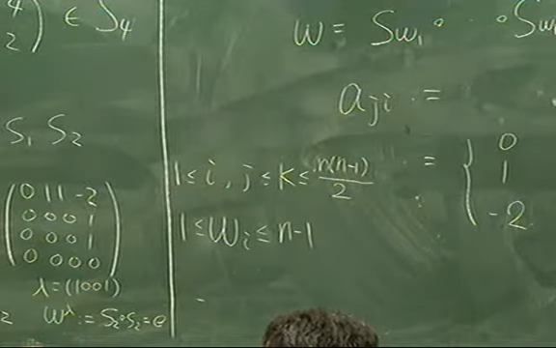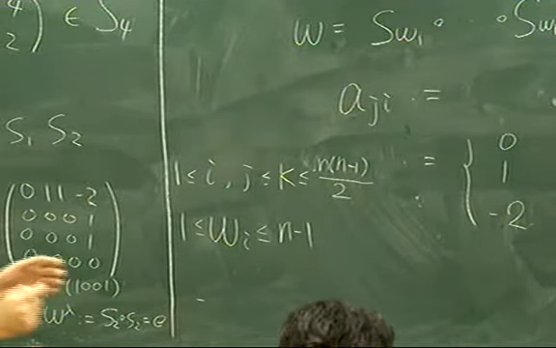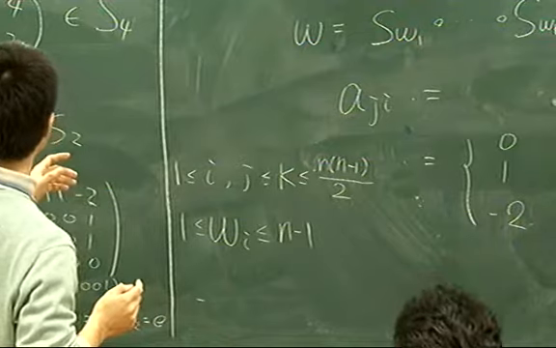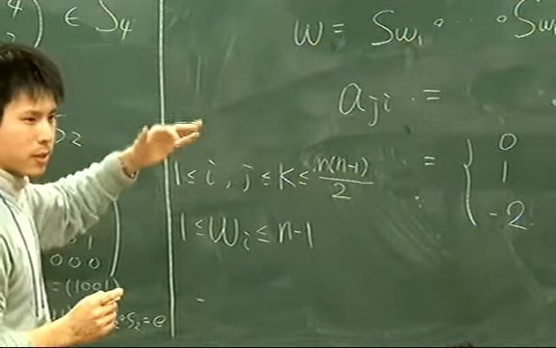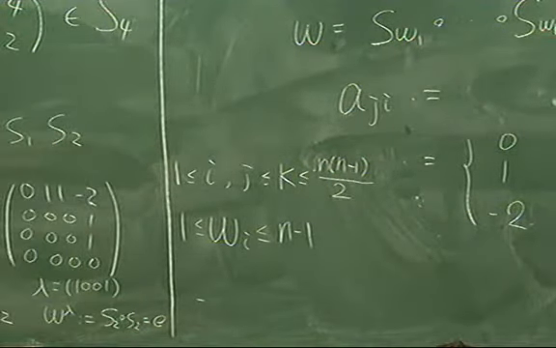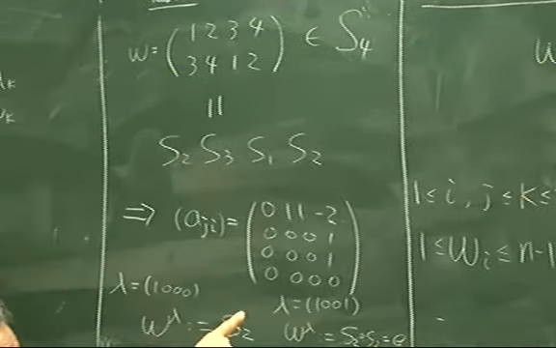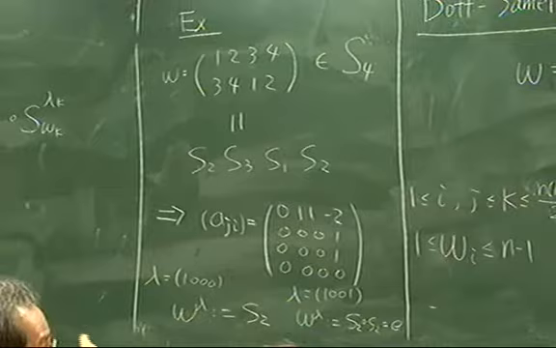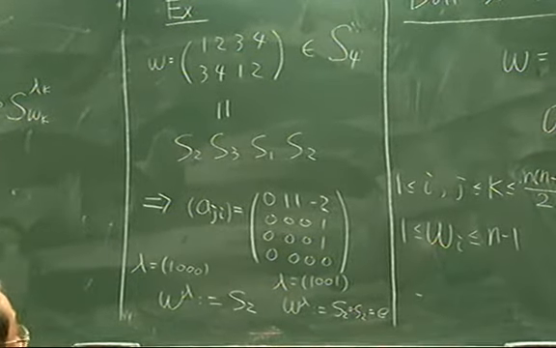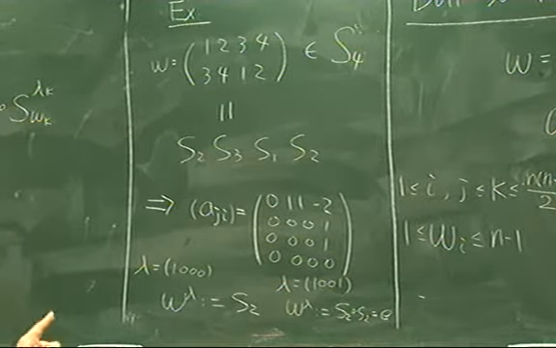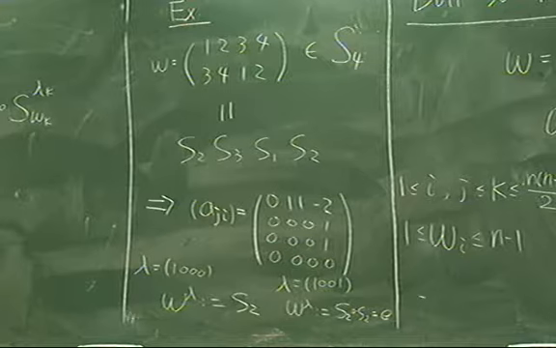So here you need the S4 case, right? K is at most 6. But I think if omega is given, then this k is fixed. And then you define a_ij for each given omega. So a_ij depends on omega. So that's what I want to ask. If you have w, there are several expressions of w.